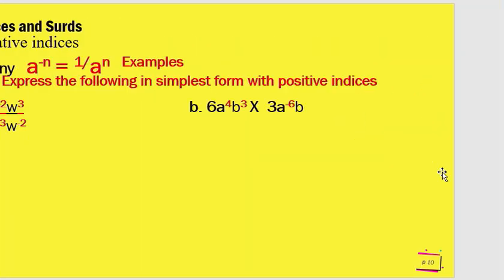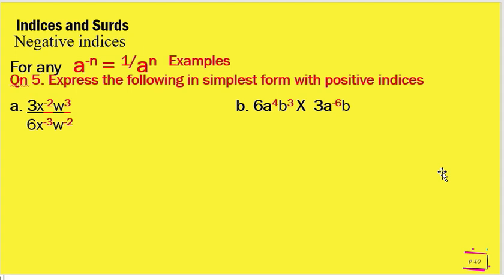Now, the next concept is about negative indices. So if any number is raised to a negative index, that means that any number raised to negative n becomes 1 over n, and then that becomes positive.